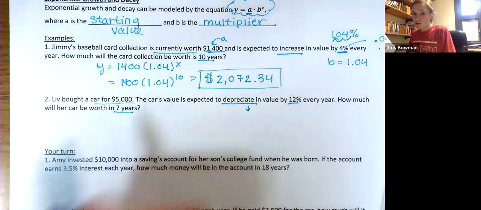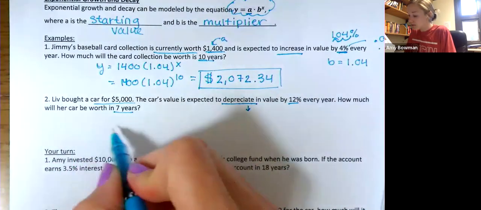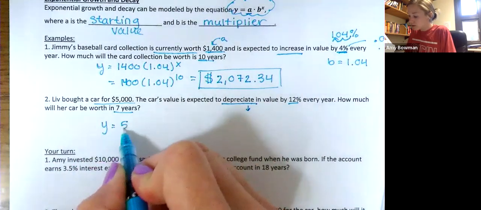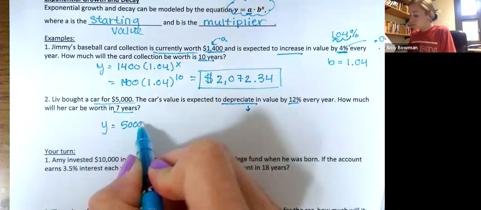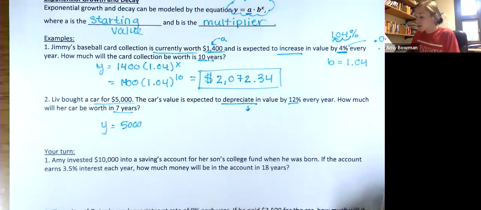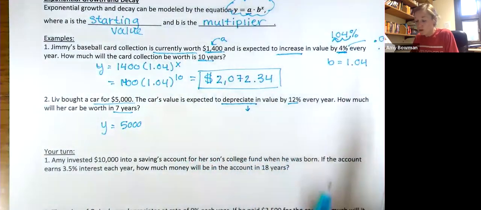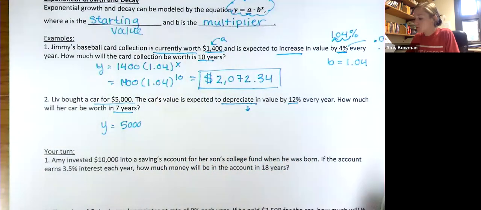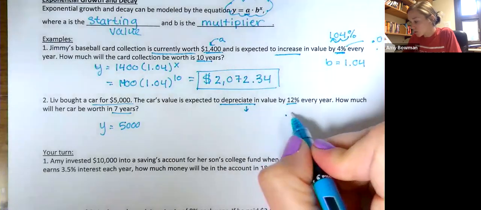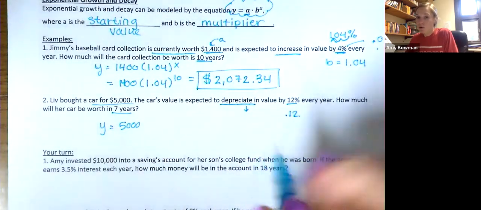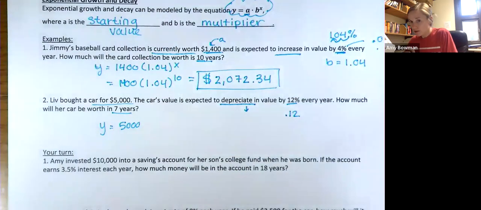Okay, $5,000 is what she bought it for. That's the initial value. So $5,000 is our A value. The multiplier, again, so it's depreciating by 12%. 12 is not our B value. First, we convert it to a decimal, 0.12. But 0.12 is also not our B value.